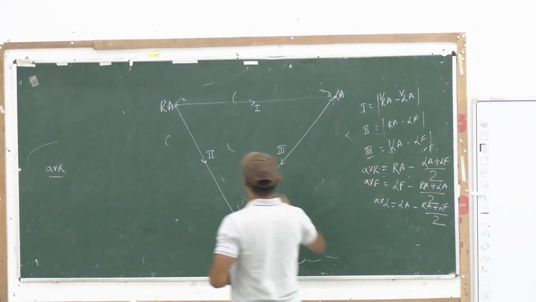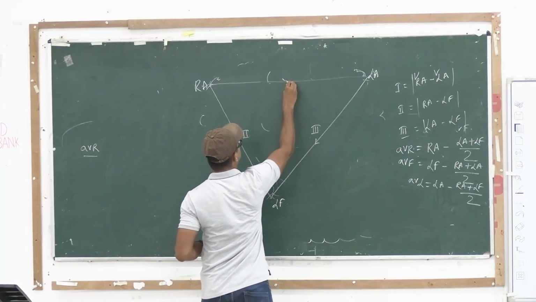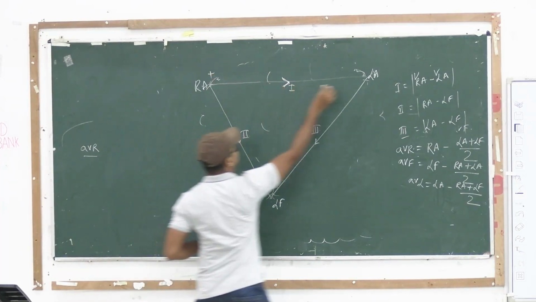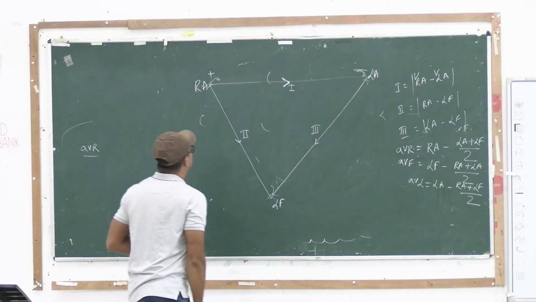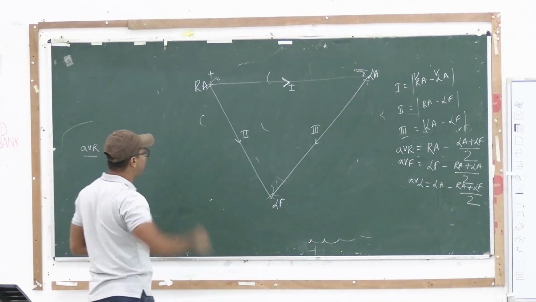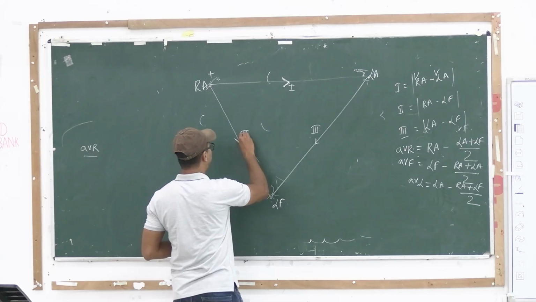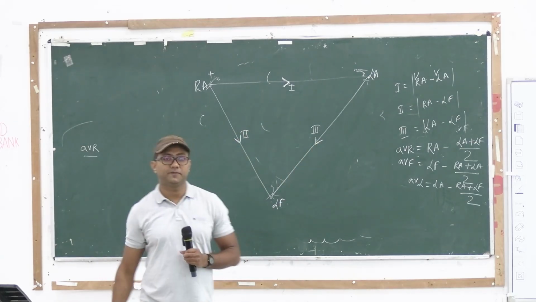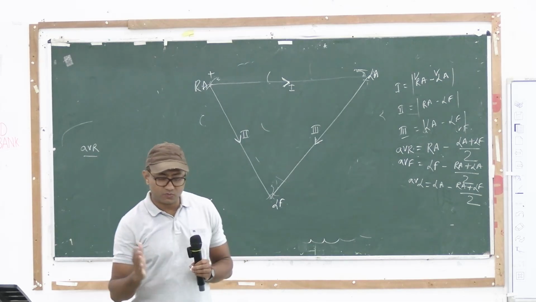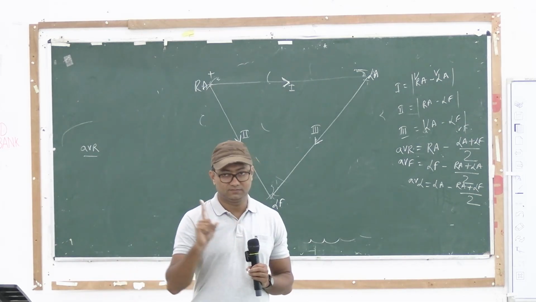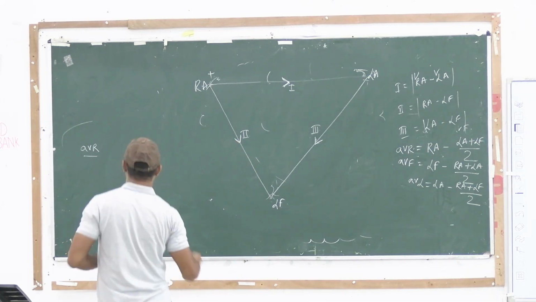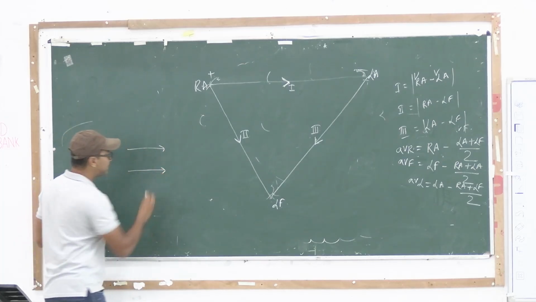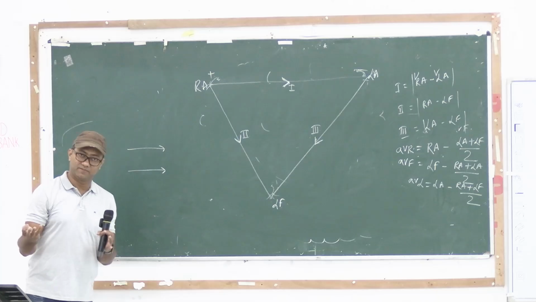So here is lead 1 from RA to LA. Conventionally this side is positive, this side is negative. So this is lead 1, this is lead 2 and this is lead 3. And you know for vectors we can shift parallelly, so its direction and magnitude remain the same.